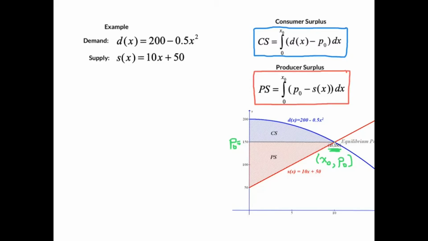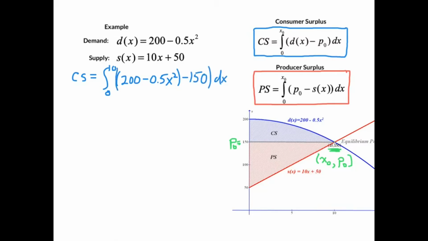We'll begin by calculating the consumer surplus, so that's going to be the integral. The bounds of it are going to be from 0 to 10. The upper curve is the demand function, 200 minus 0.5x to the second, minus the market price of 150, with respect to x.